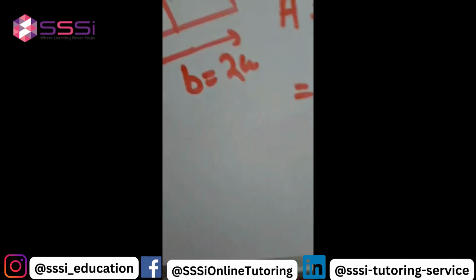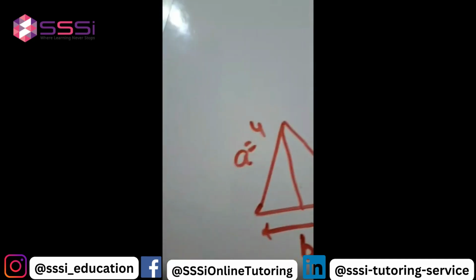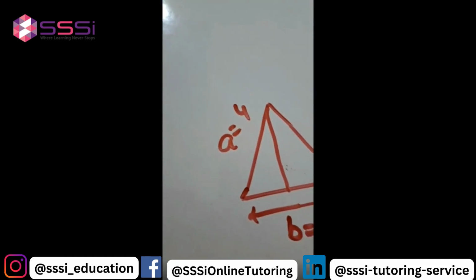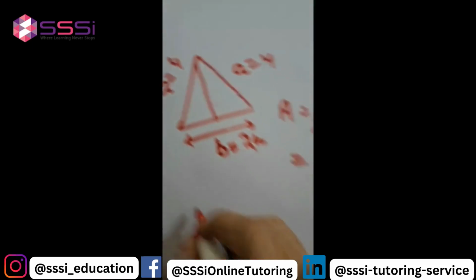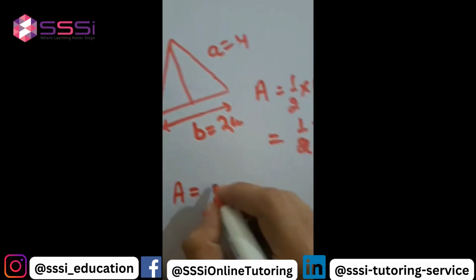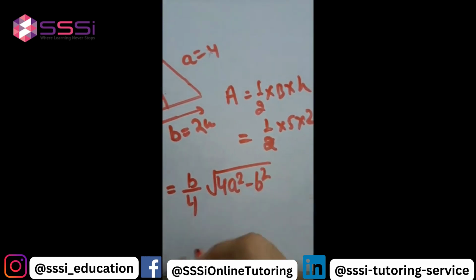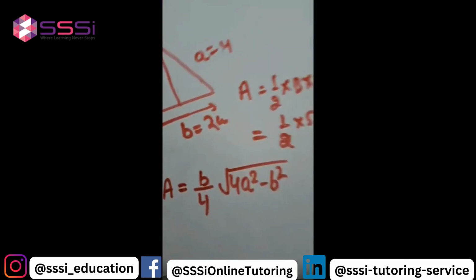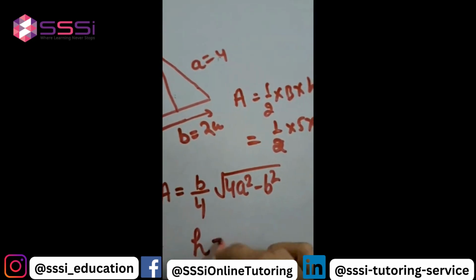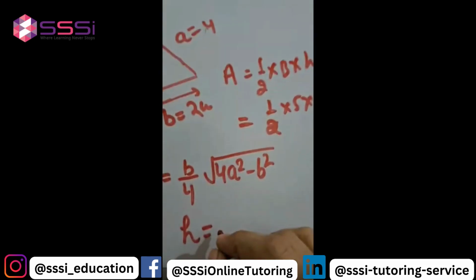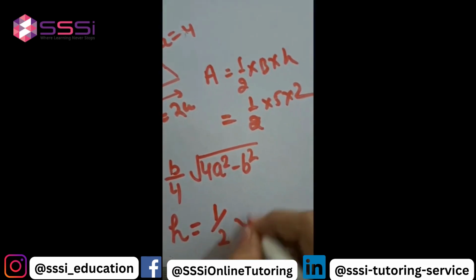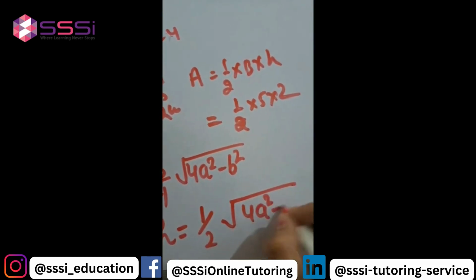The formula is: area equals b by 4 root 4a square minus b square. You can use this formula, and if you want to find the perpendicular height, altitude, whatever it is called, it is half root of 4a square minus b square.